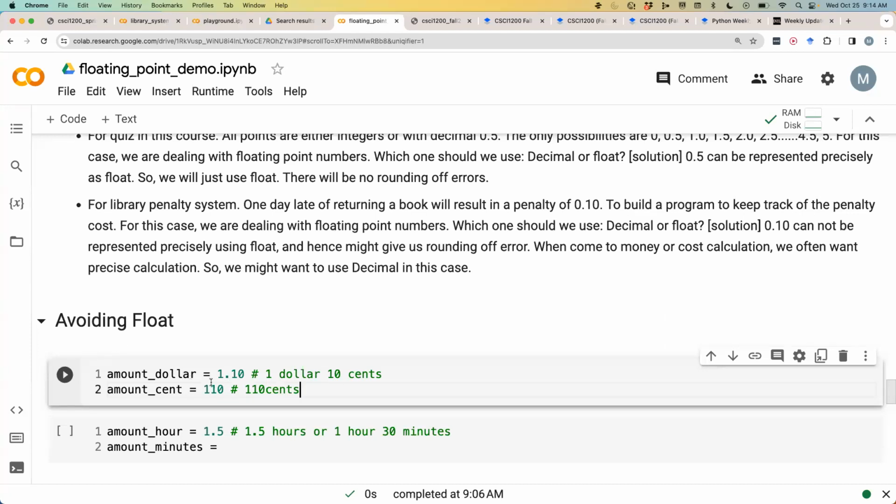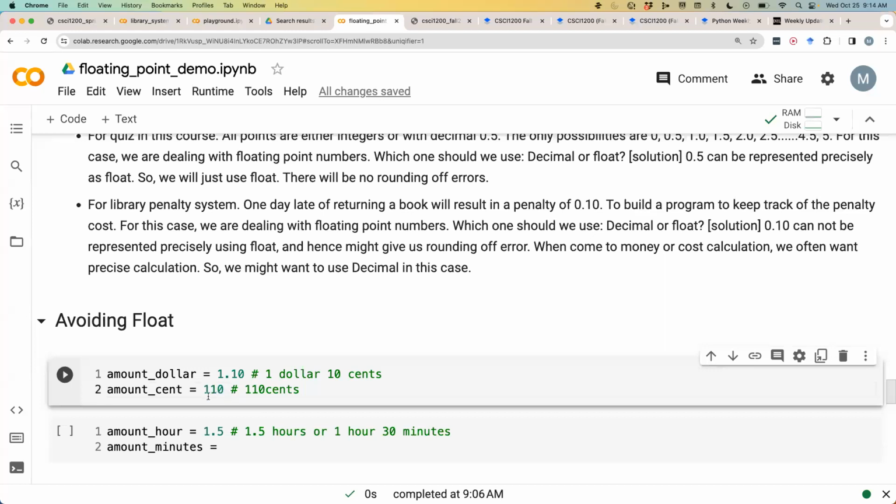Right, so now these two represent the same amount. $1.10 is the same as 110 cents. What you have changed is the unit, from $1.1 to 110 cents, and what you have changed is from float type to int type.